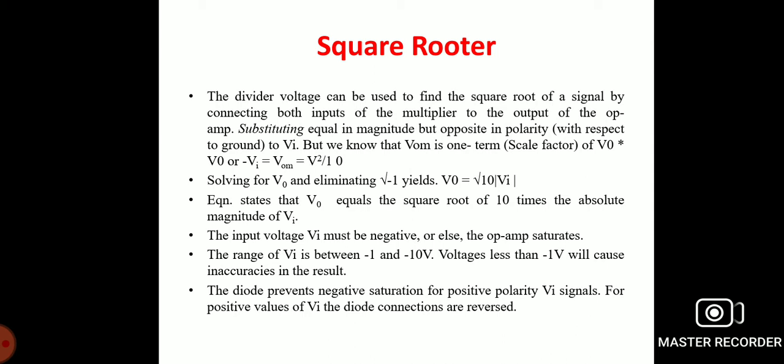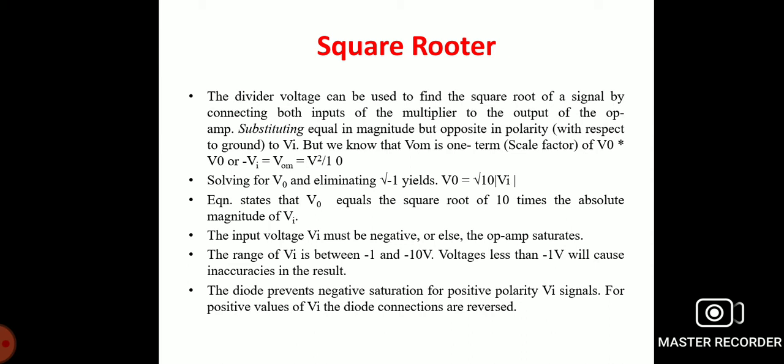We know the multiplier output voltage is V naught squared divided by 10, equal to minus Vi. Solving for V naught and eliminating the equations, V naught is equal to the square root of 10 times the absolute magnitude of the input voltage.